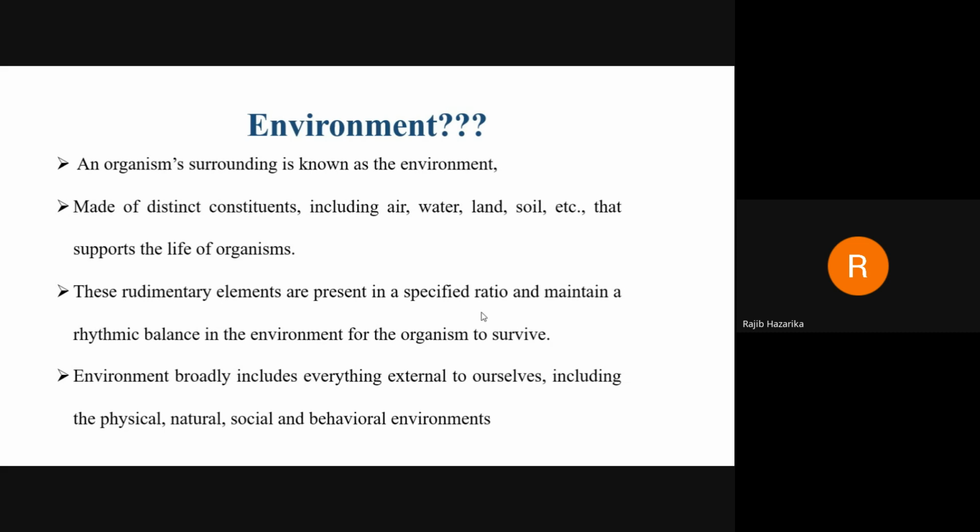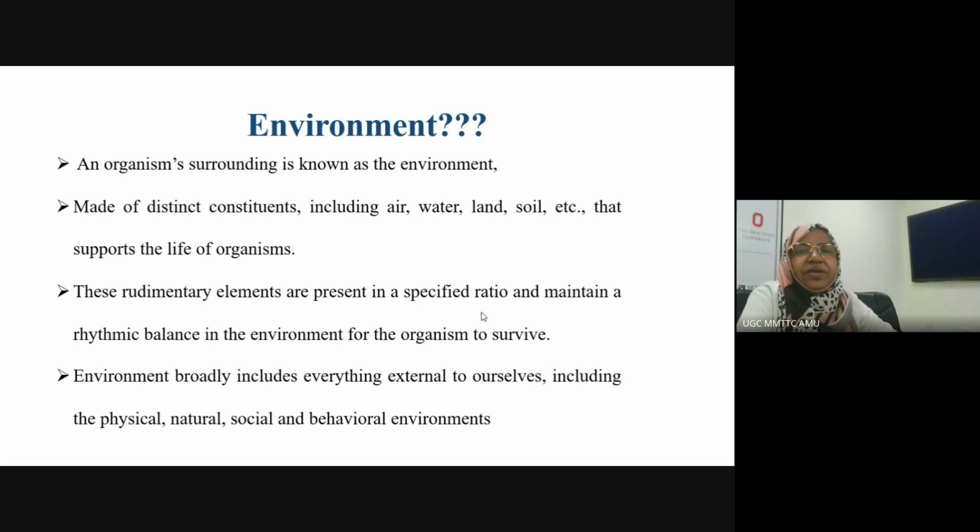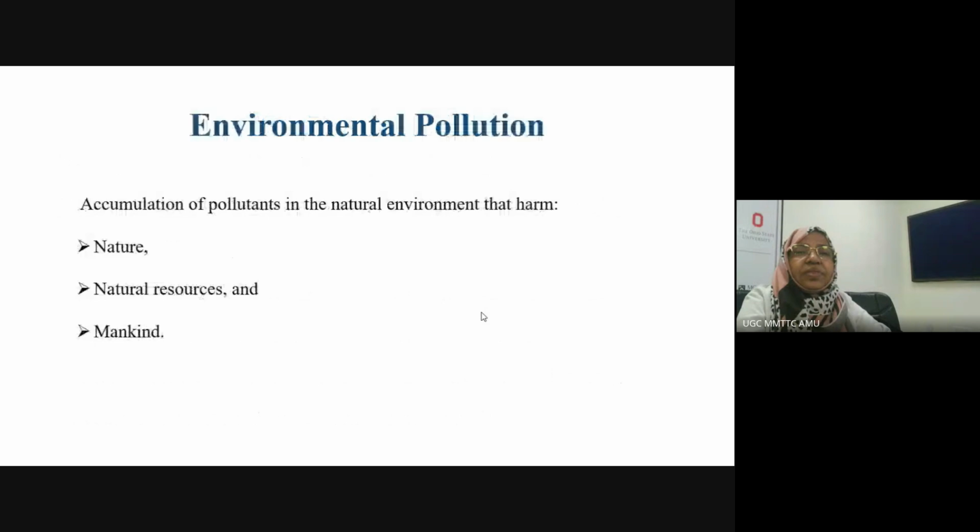These elements are present in a specified ratio and maintain a rhythmic balance in the environment for the organism to survive. Environment broadly includes everything external to ourselves, including the physical, natural, social, and behavioral environment.